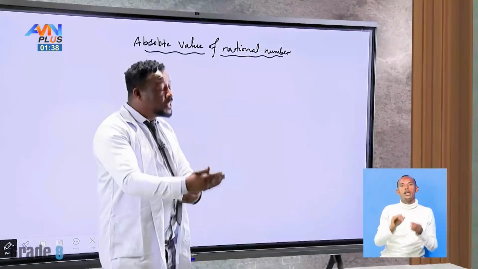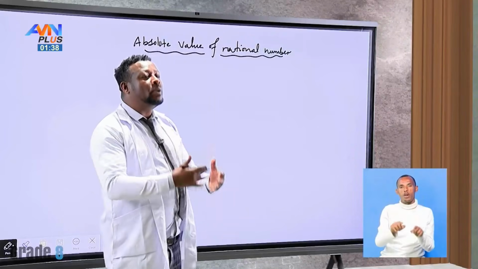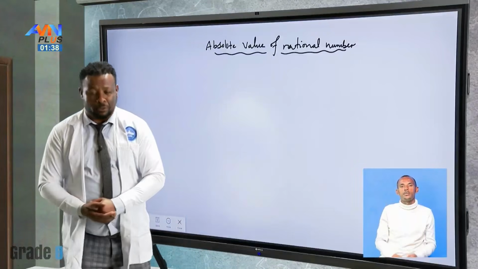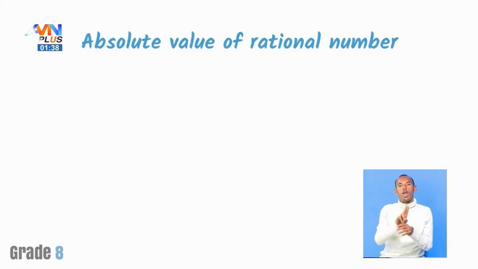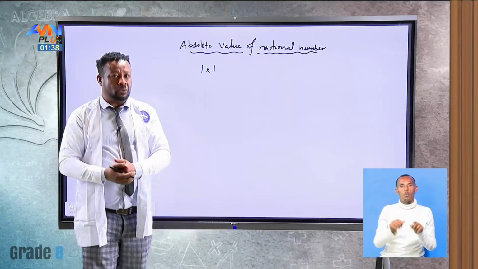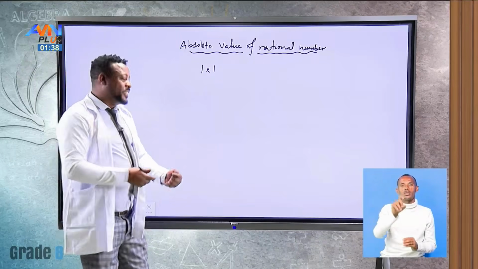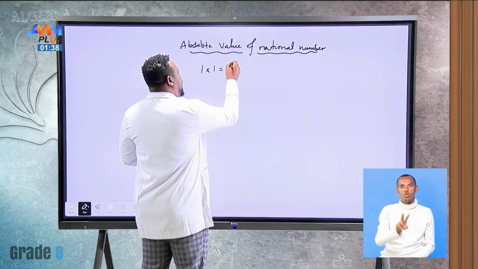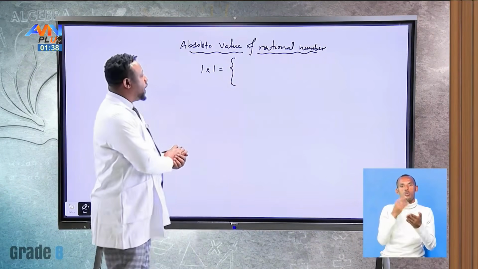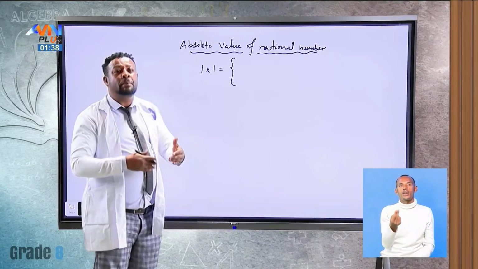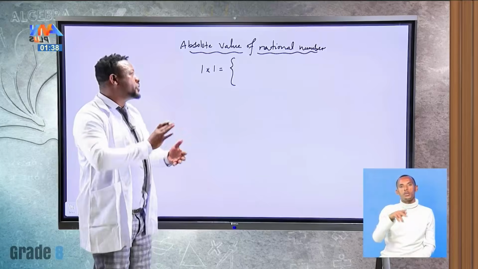So if this is the definition, we can formally write the representation and the notation for an absolute value, okay? Usually we use this symbol to represent an absolute value, right? So an absolute value of a number x is defined in these ways. We can define an absolute value of a number using piecewise representation.